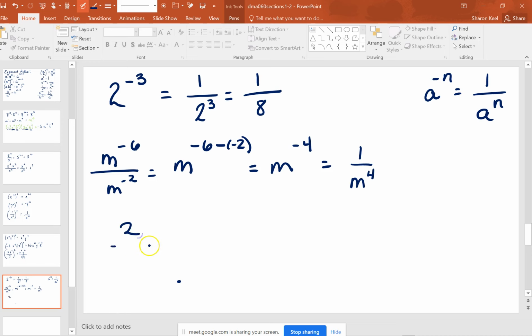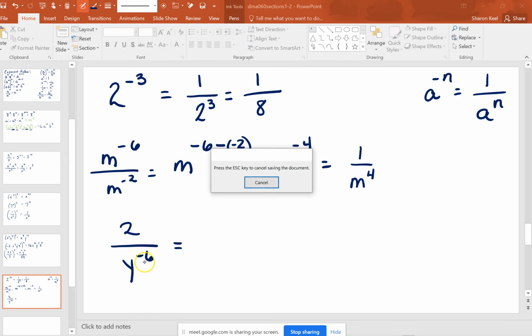If we have 2 over y to the negative 6, in this situation, this is not raised to a power, but in the denominator we have a negative. So if the negative is in the denominator, it's going to come up to the top. So this would be written as 2y to the positive 6.